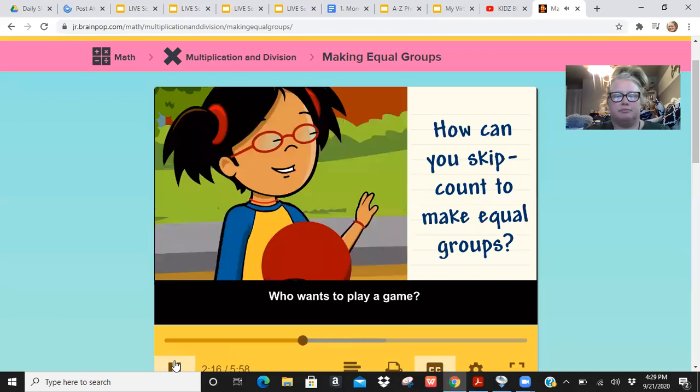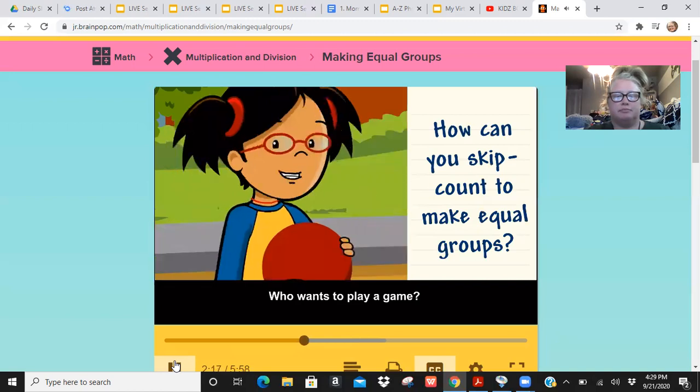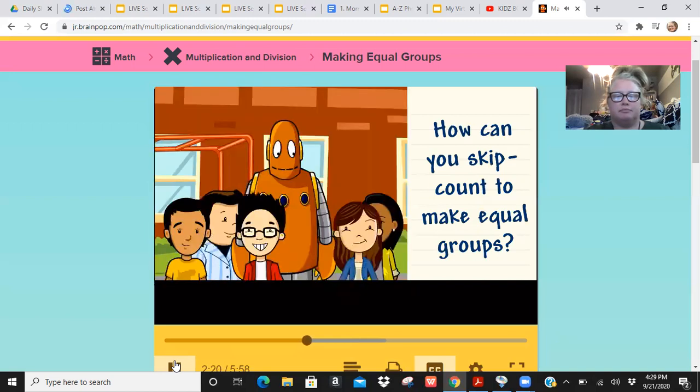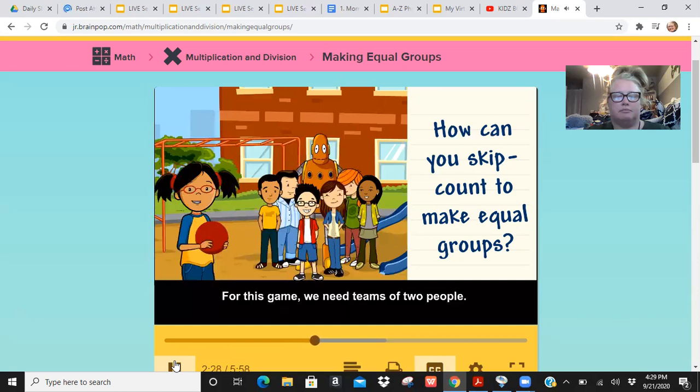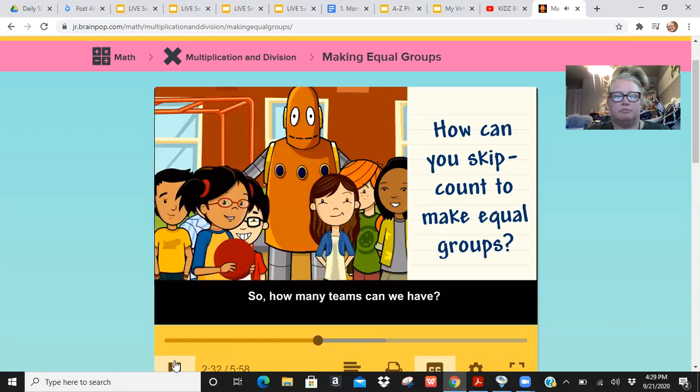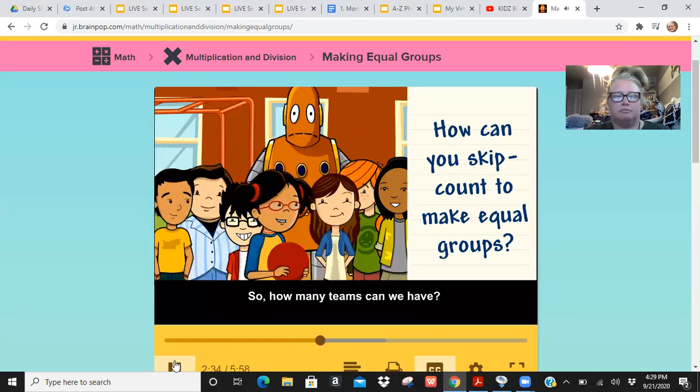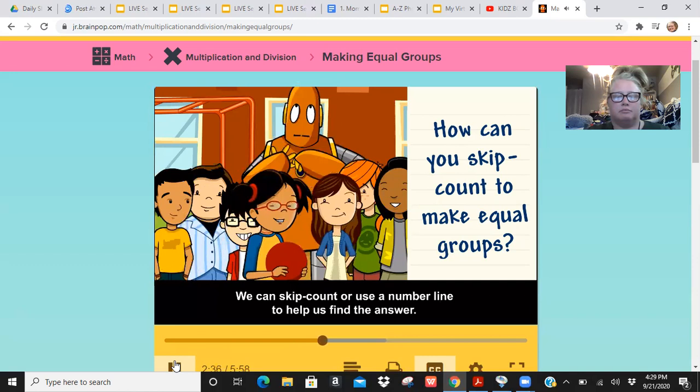Who wants to play a game? Let's see. There are 8 people here, including me. For this game, we need teams of 2 people. So, how many teams can we have? We can skip count or use a number line to help us find the answer.